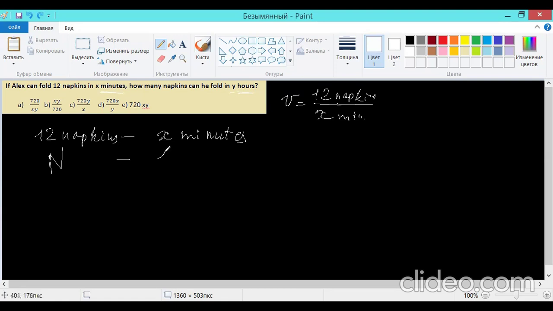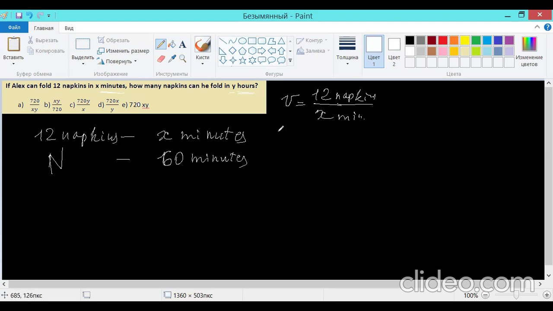But 1 hour cannot be written in this proportion either because of the measurement units, minutes and hour. But we can do this problem very easily, remembering that there are 60 minutes in 1 hour, right?